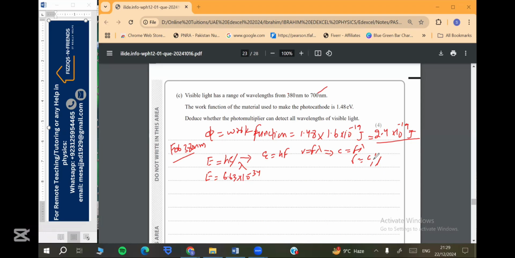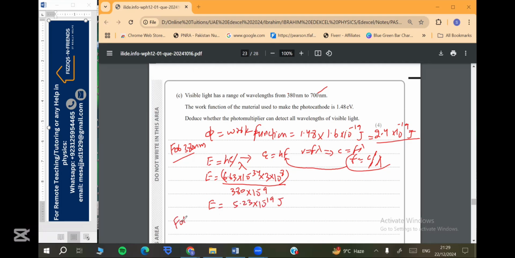So we are just putting the value here. E equals hc over lambda, and lambda is 380 into 10 raised to the power minus 9. So when we get the answer, it is 5.23 into 10 raised to the power minus 19 joules.